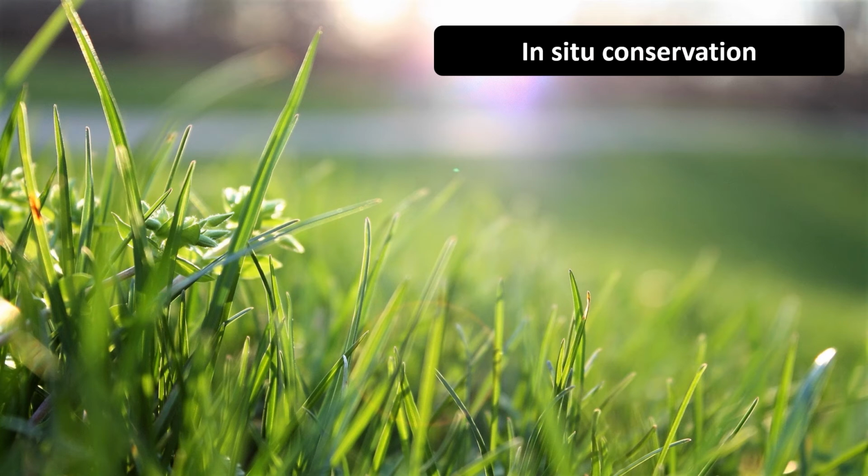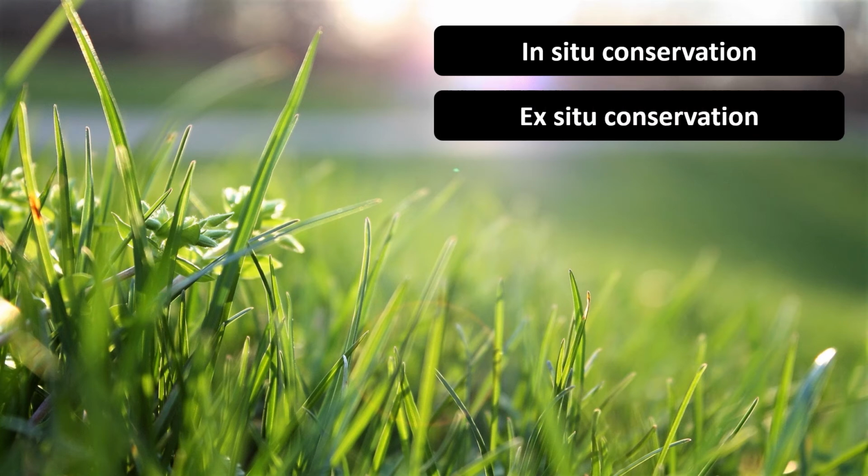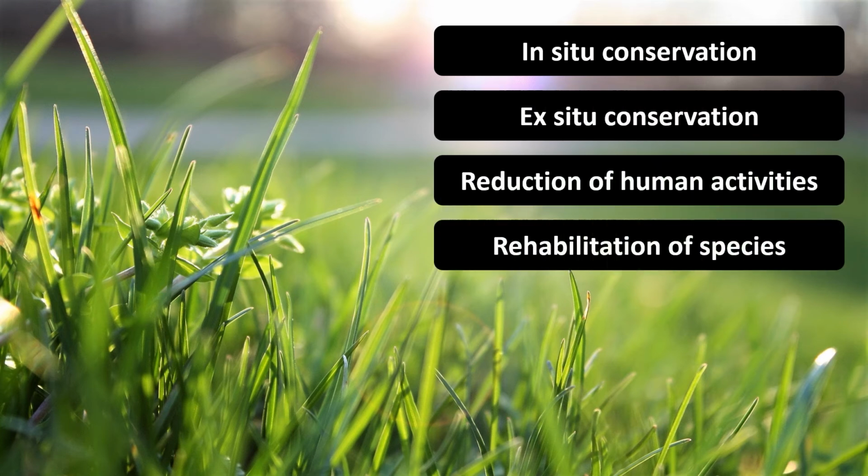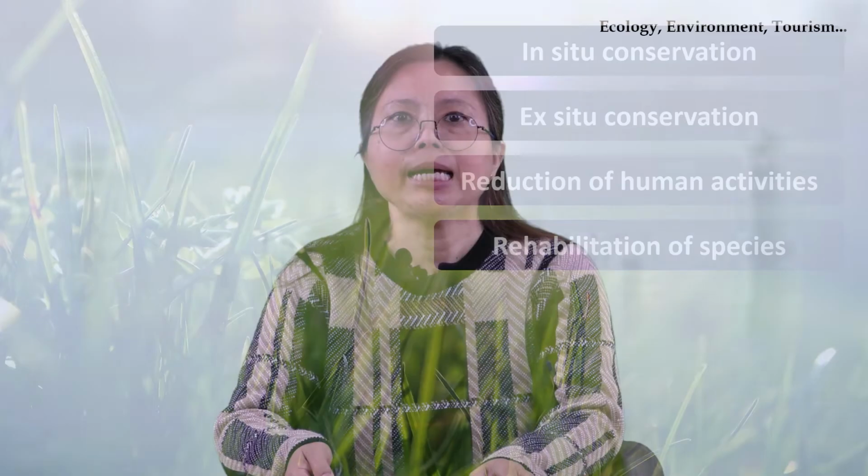So there are four strategies for biodiversity conservation: in situ conservation, ex situ conservation, reduction of anthropogenic activities, and rehabilitation of species. In situ conservation is done by establishing protected areas like national parks and wildlife sanctuaries, with proper management, and restoring degraded habitats within and outside the protected areas.